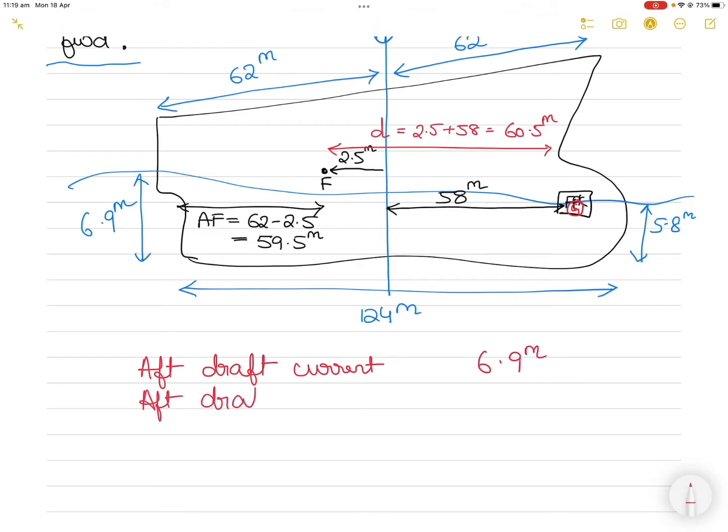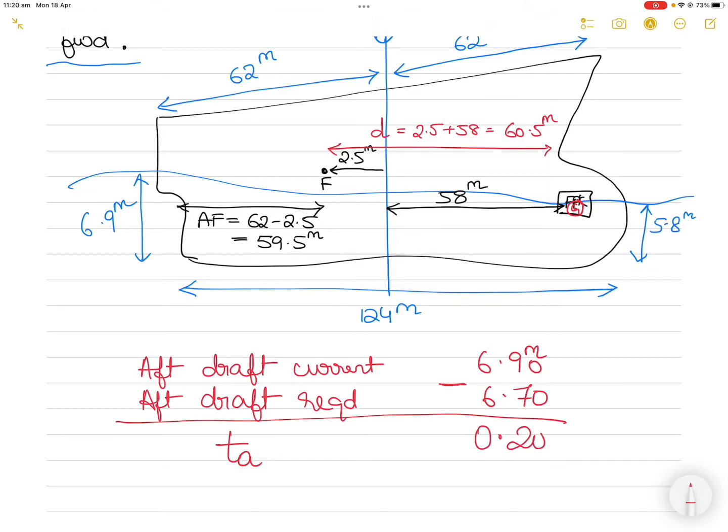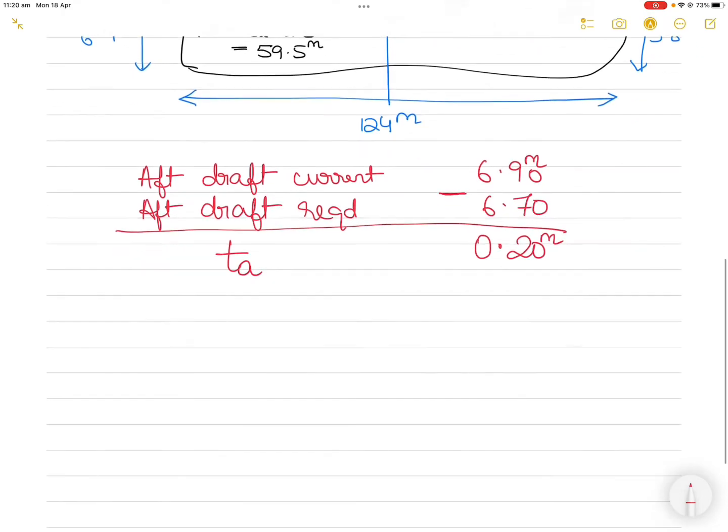Aft draft required is 6.70 meters. So the change in aft draft required is 6.9 minus 6.7, which is 0.20 meters. Can we say that?